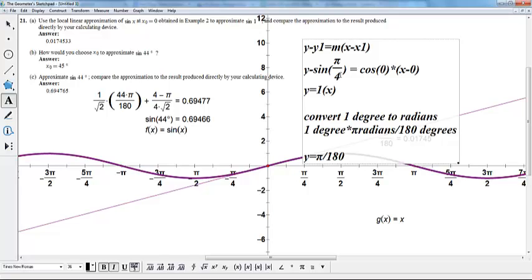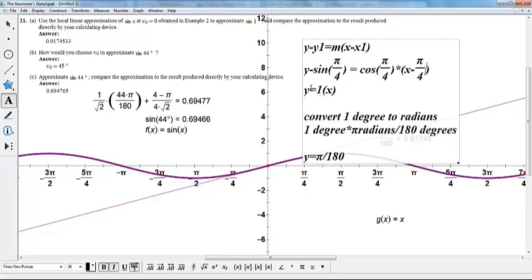That's equal to the cosine of the same thing, pi over 4, because that's our x. So that's actually the derivative. Remember, the slope is the derivative at x naught. So that's the cosine of pi over 4 times x minus pi over 4.